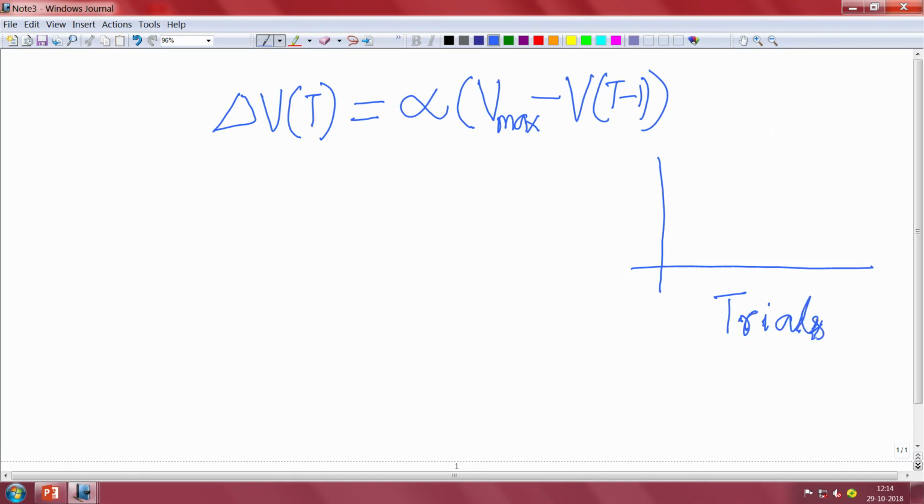If you think of measuring the response V as a function of the number of trials and plot it out, I said okay, let us take different colors for different exposures. Initially we start with 0 response at the 0th trial, and then the first exposure or the first trial.